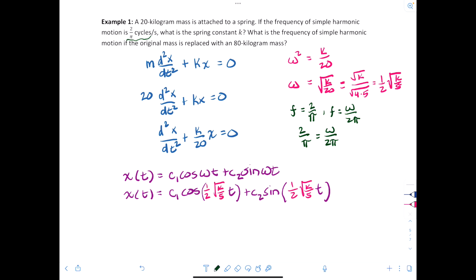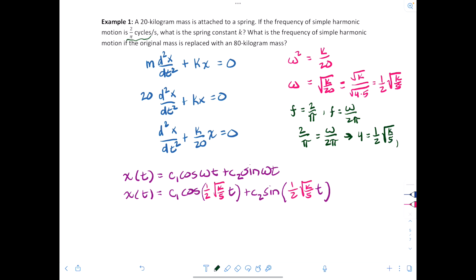then what's going to happen? We'll get 4 pi over pi leaves us with 4, and that's equal to what? Beautiful. Omega. So omega is 1/2 times the square root of k over 5.